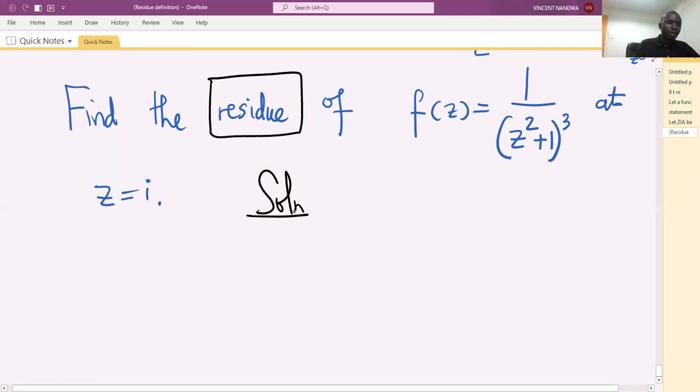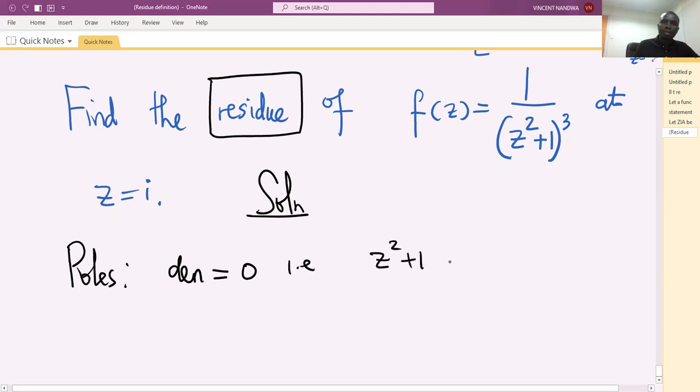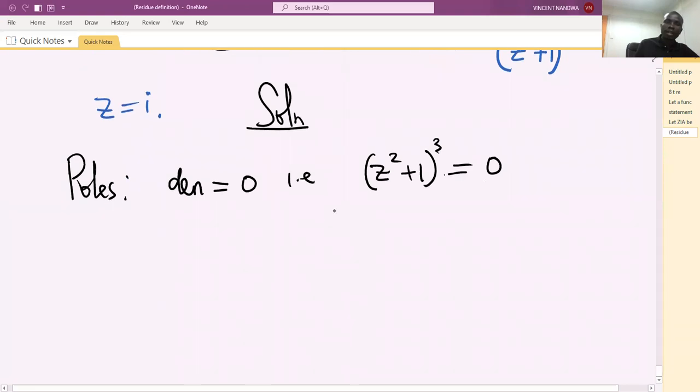So first step, let's find the poles. And poles are found by taking the denominator and equating to 0. So which means we'll take z squared plus 1 power 3, we equate it to 0. And you see z squared plus 1 can be written as z plus i times z minus i.